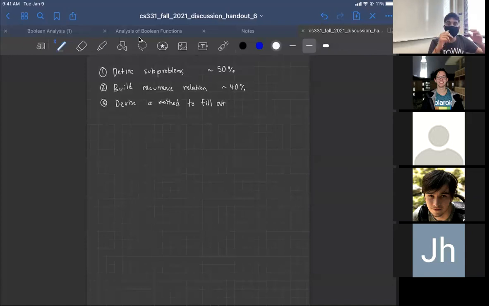At the beginning, everything will be empty, and you want to figure out how to fill out the table of subproblems. In particular, you want to go about this process in a way that you don't ever require an answer to a subproblem that hasn't been solved yet. So if you need a subproblem for a future thing, it's already been solved by the time you use it.